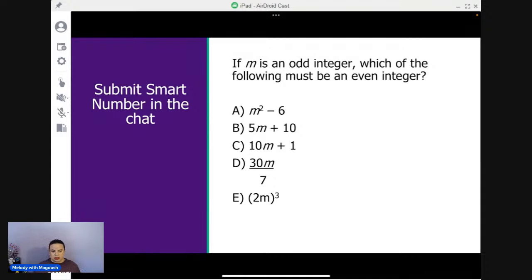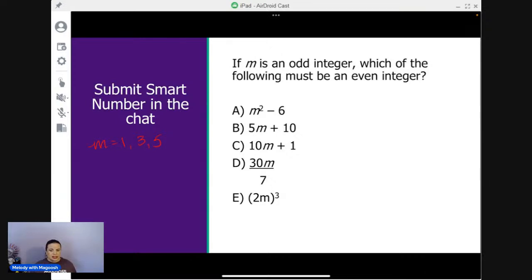What would you choose? It has to be an odd number. It has to be something that's easy to work with. You might want to pick something like 1 or 3 or 5, some small, easy to work with odd numbers.